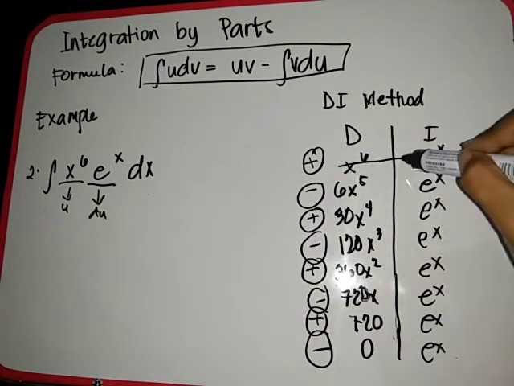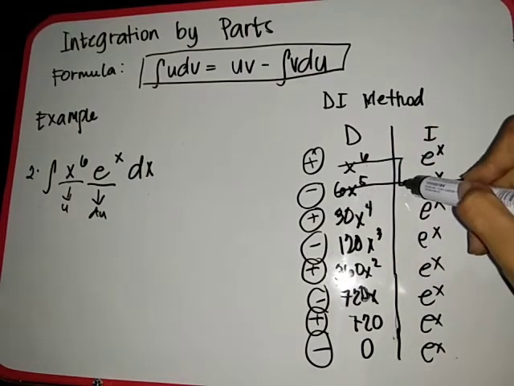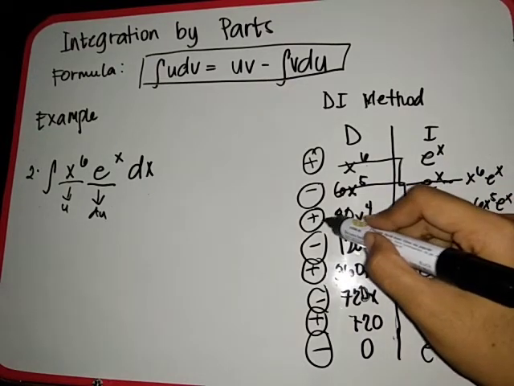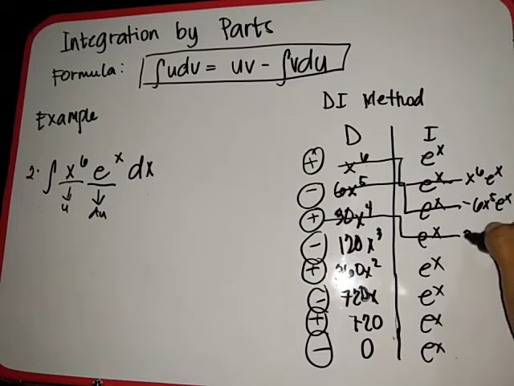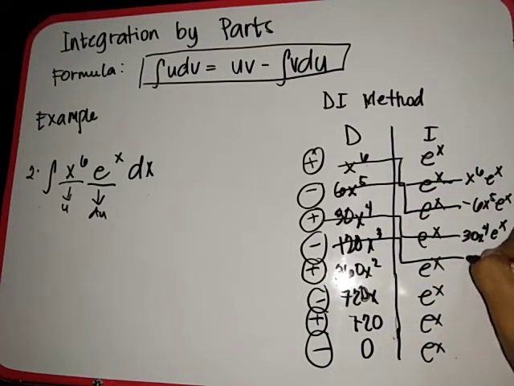When you combine it, that is x raised to 6 e raised to x, and this is negative 6x raised to 5 e^x, and then this is positive 30x raised to 4 e^x, and then this is negative 120x raised to 3 e^x.